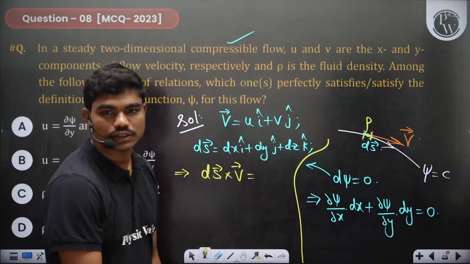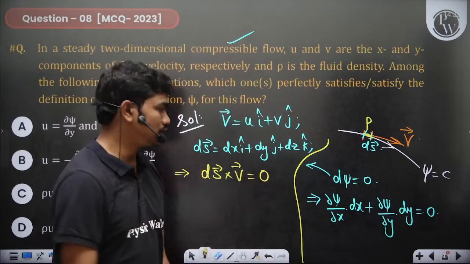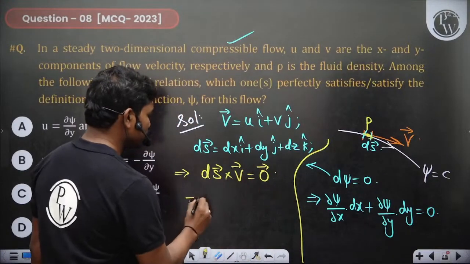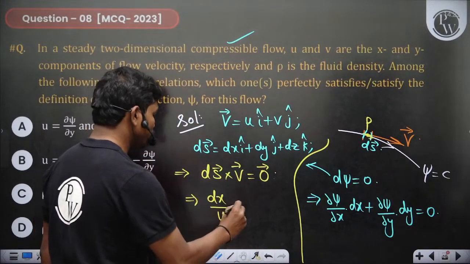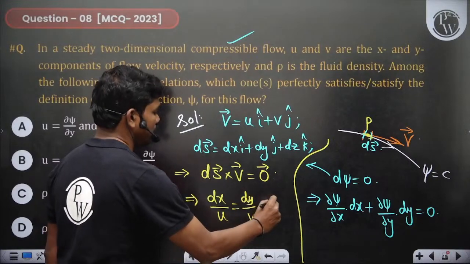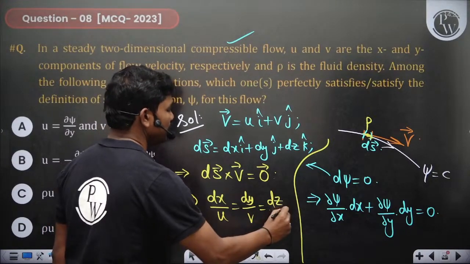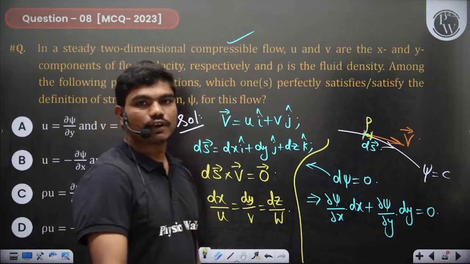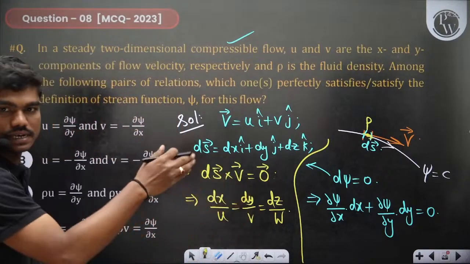It's 0 because you can see this is 0 bar. That's how you get the streamline equation as dx by u equals dy by v equals dz by w basically. And how is velocity potential function defined? Normally v is equal to gradient of phi.